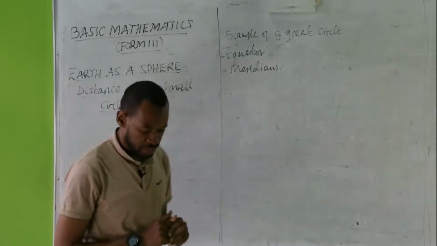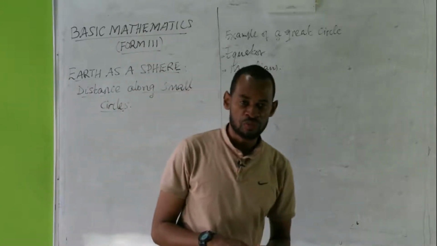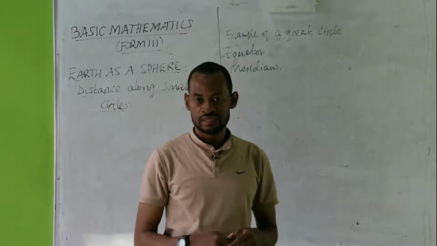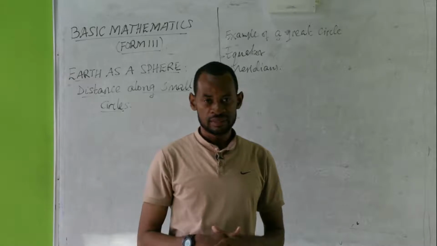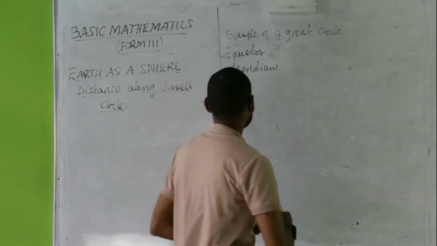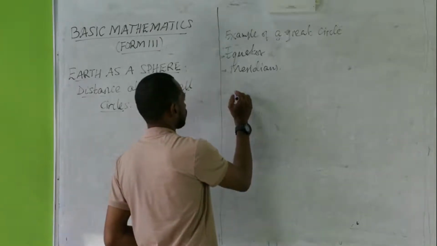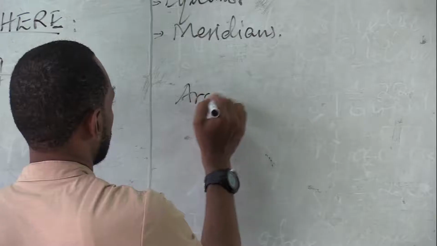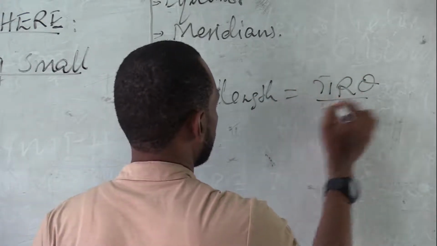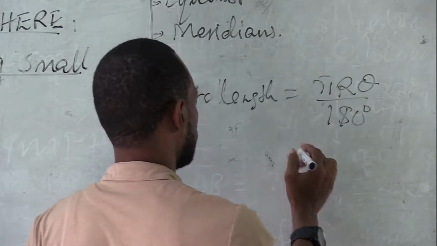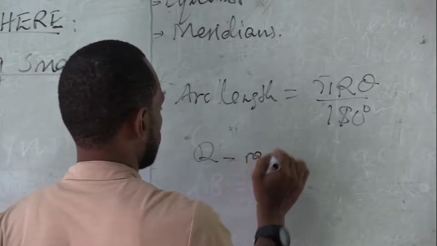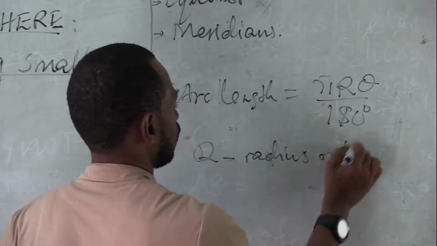Can you remember the formula provided to calculate the distance along a great circle? Yes, nice. The formula is given by arc length is equal to pi r theta over 180 degrees, where r is the radius of the Earth.